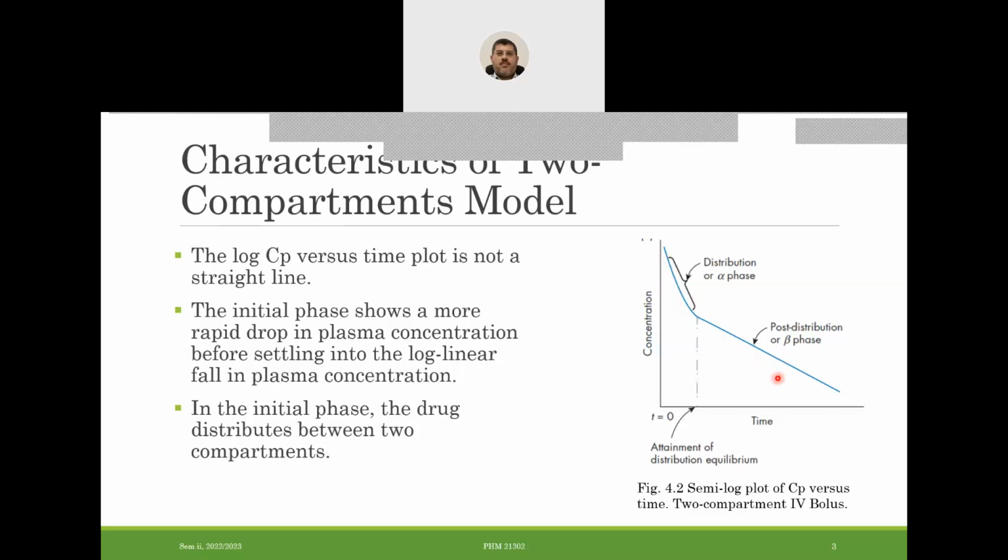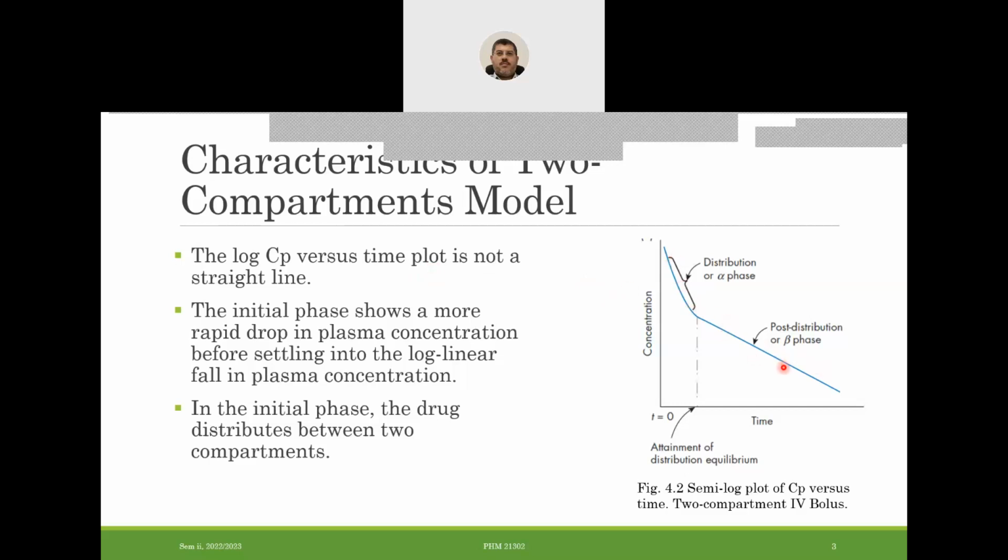Okay? So when we think about it, what is the problem? Why is it not giving a straight line like in the one compartment model? So then comes the interpretation, proved also by other experimental methodologies. The observation here is that the log or ln Cp versus time plot doesn't give a straight line.